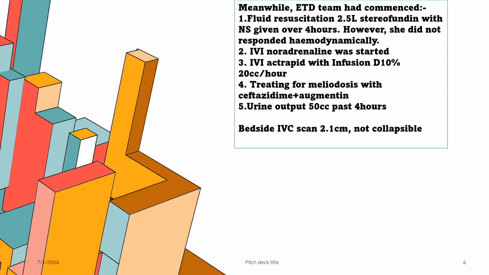In a way, when we received the referral, it was a referral for euglycemic ketoacidosis, and she was covered for amyloidosis as well. The urine output for the past 4 hours, despite 2.5 liters of fluids pumped in, is only 50 cc. That translates to less than 0.5 cc per kg per hour. And bedside IVC scan is 2.1 cm, not collapsible. So you know this patient is not doing well.